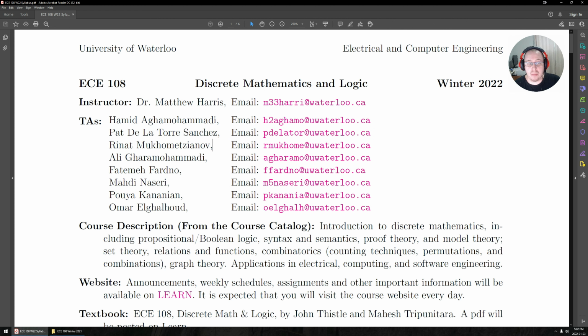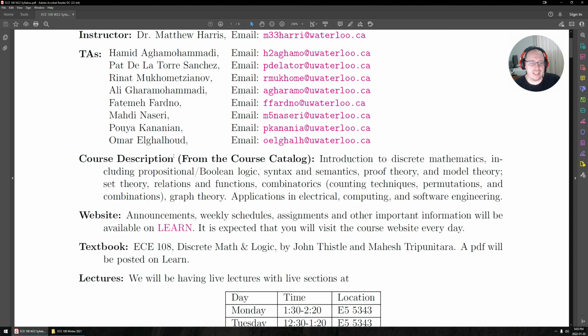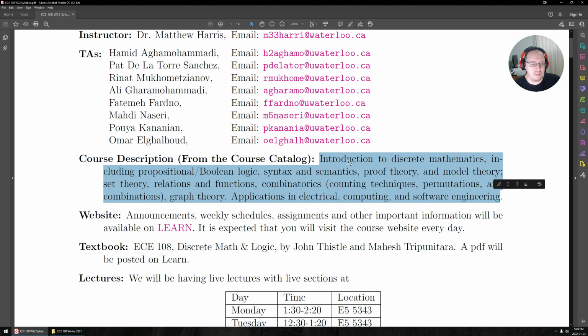Okay, so course description. I'm not going to read all this out to you, but this is just taken from the course catalog. I'll talk about it in more detail when I go over our rough outline, but basically ECE 108 is here to teach you the fundamentals of logic and mathematics, which serves as an introduction to understanding a lot of the problems that arise in computer science and various other computational fields.